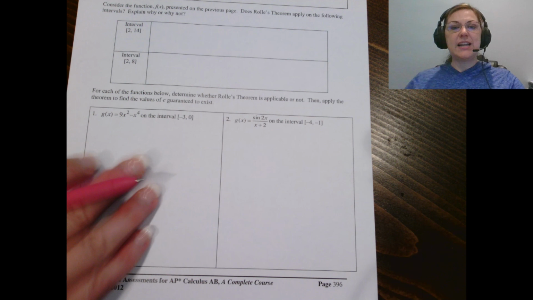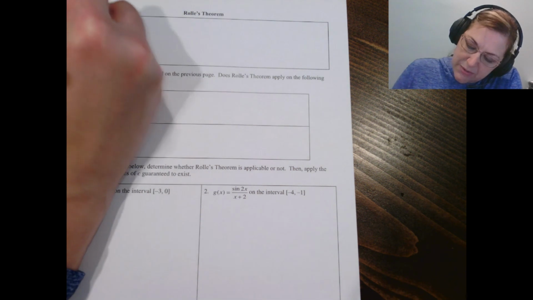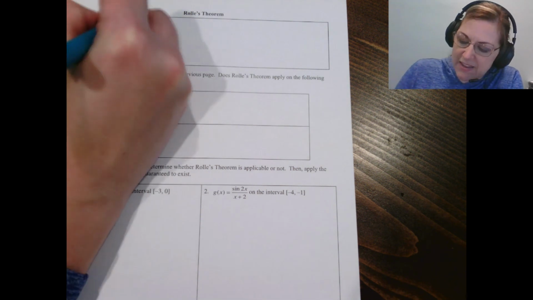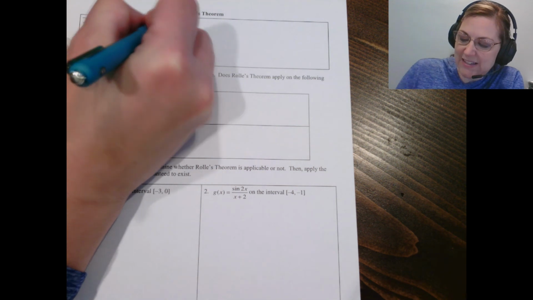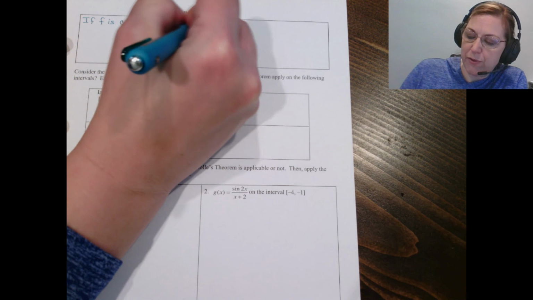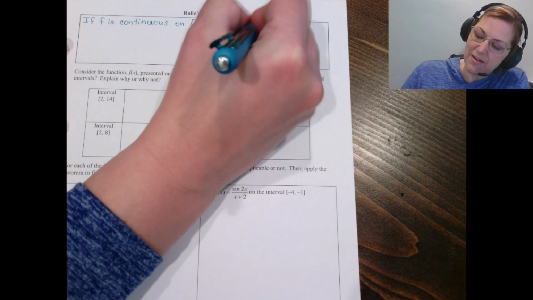Okay, so let's look at what Rolle's theorem actually tells us. Rolle's theorem tells us that if the function is continuous, and it seems like everything hinges upon the function being continuous, doesn't it, on a closed interval from a to b, it's differentiable on a to b.